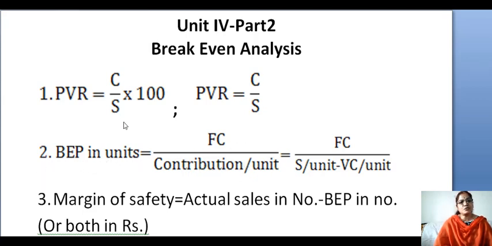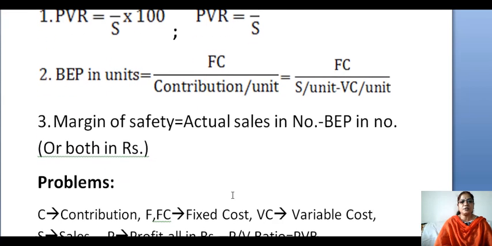If in sales is needed, then this formula or this formula is to be used. So in units, you need fixed cost upon contribution per unit. Here contribution per unit refers to selling price per unit minus variable cost per unit. Here per unit data only should be considered, in total you should not consider. Whereas here either in total it will do or per unit also it will do. Margin of safety is equal to actual sales minus BEP, either both in number or both in rupees.